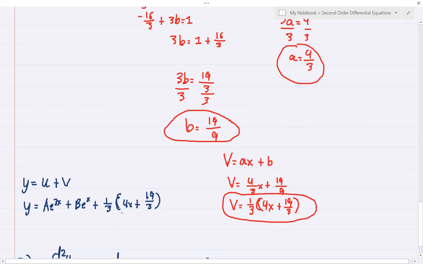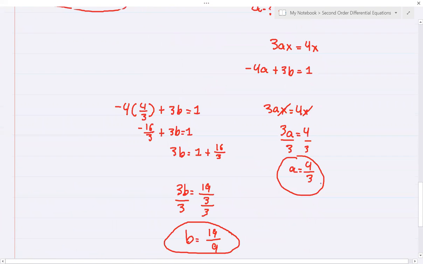That's it. There you go. So that is your general solution.